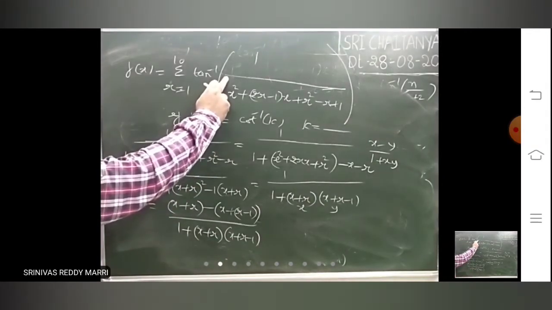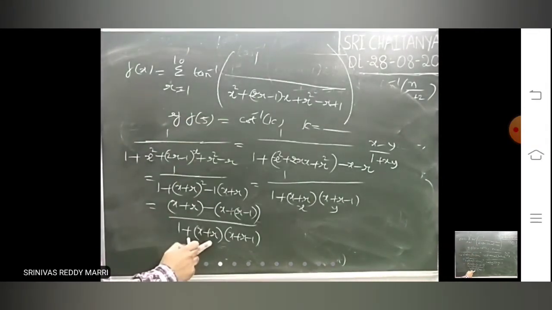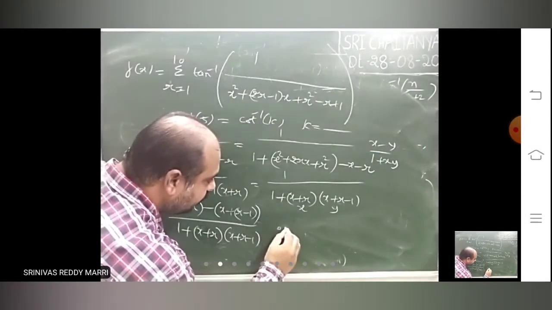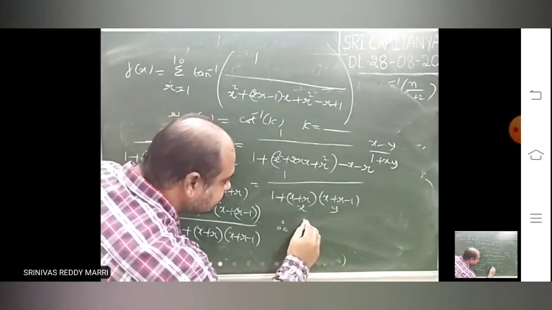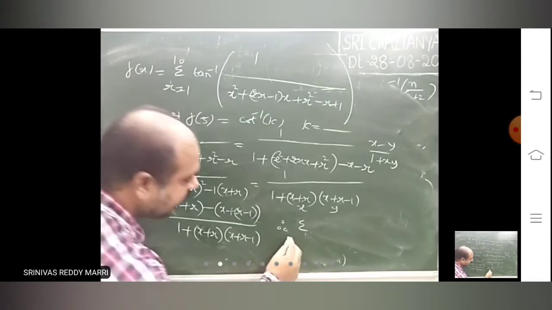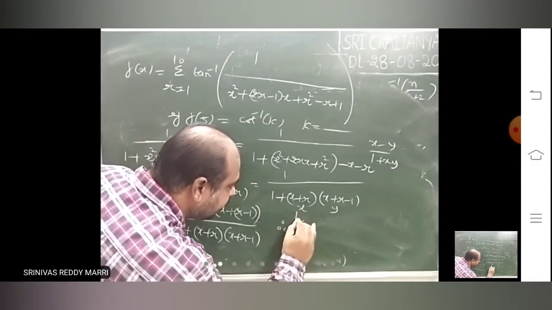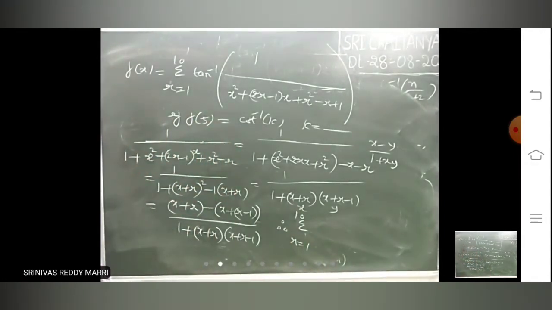Inside tan inverse I will substitute this one. Therefore sigma r equal to 1 to 10 only. No need to take n, till 10 only we will find out.